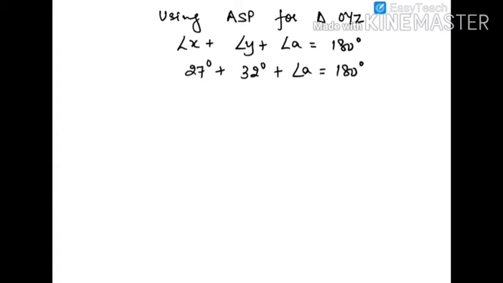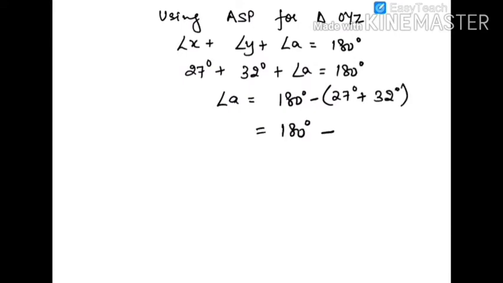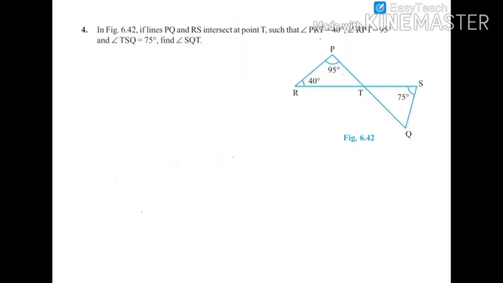So substituting in the equation, we get angle A equal to 180 degrees minus (27 degrees plus 32 degrees). So this is equal to 180 minus 59 degrees, which is 121 degrees. So angle YOZ is 121 degrees.